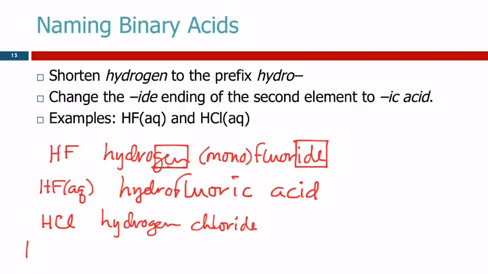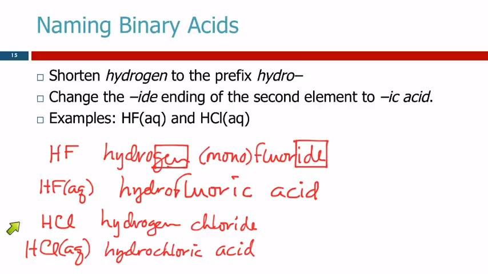If we dissolve this in water, it produces hydrogen ions. It's an acid. So what does the name become? Hydrochloric acid.